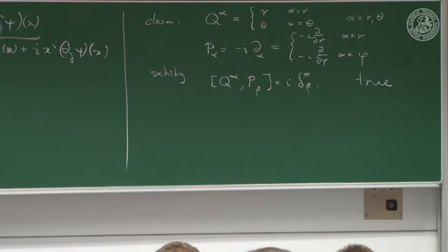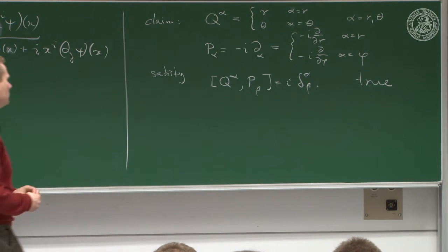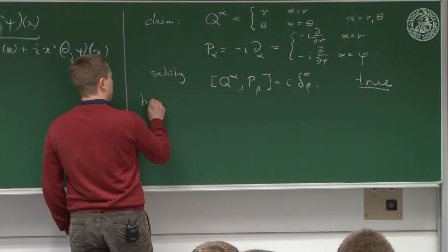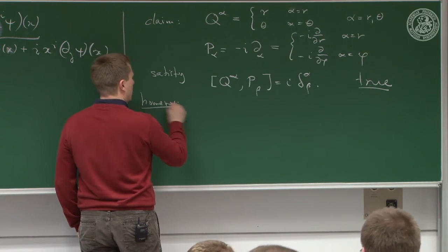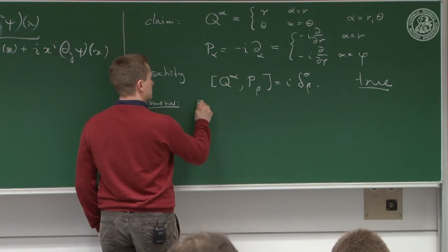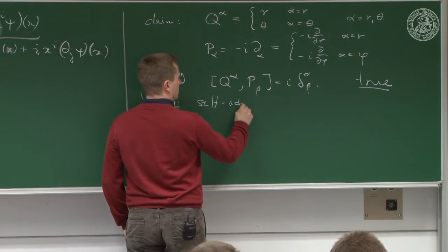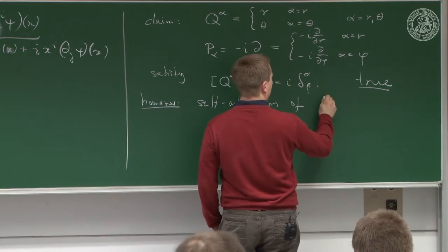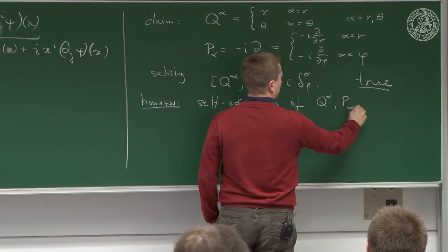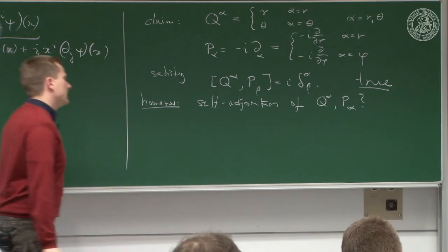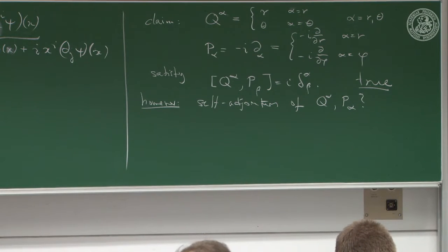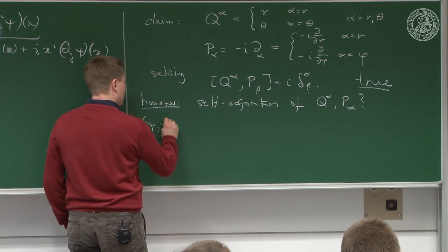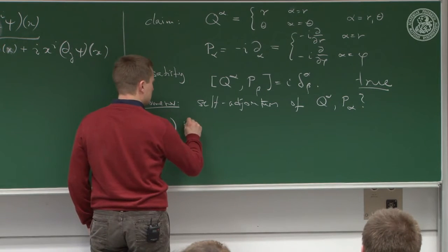The problem, however, comes up. So this is no problem. However, what about the self-adjointness of the Q alpha and the P alpha? And there we're in for some surprise. But first we have to write down the inner product for these abstract wave functions.